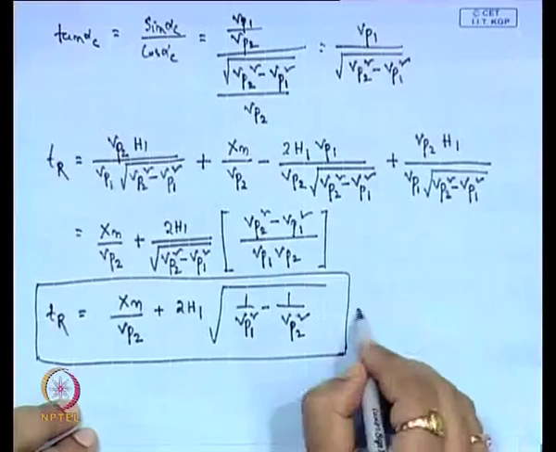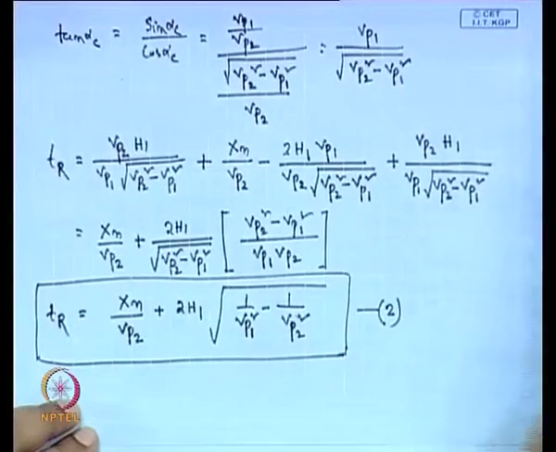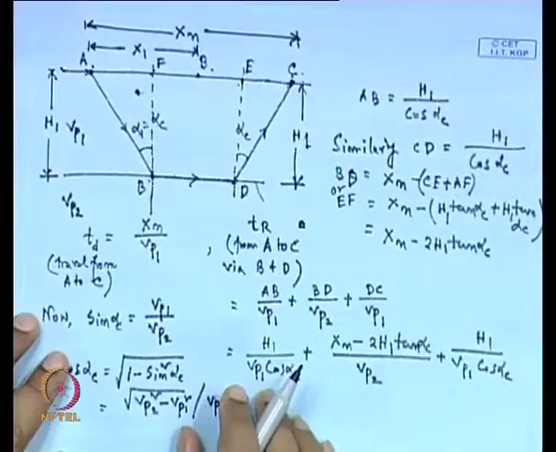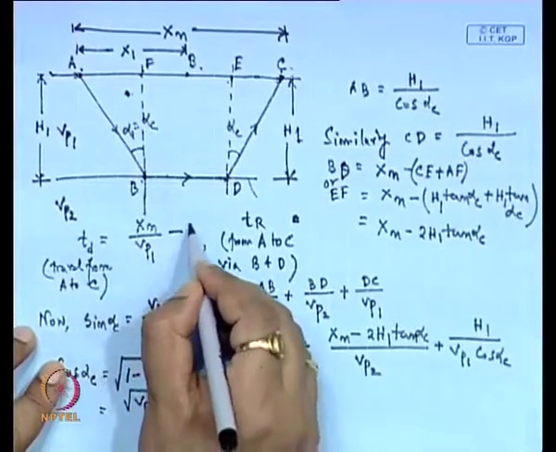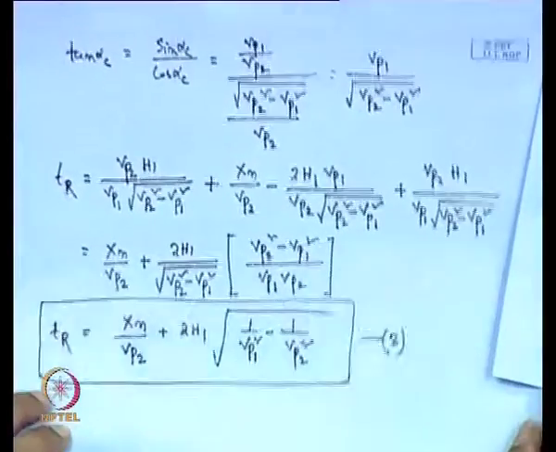Now, the next step, suppose this is our equation number 2 and the direct ray equation that we have solved, this is T d 1, this is equation number 1. As we have mentioned, this is the critical distance.